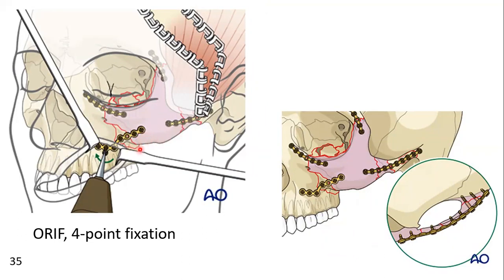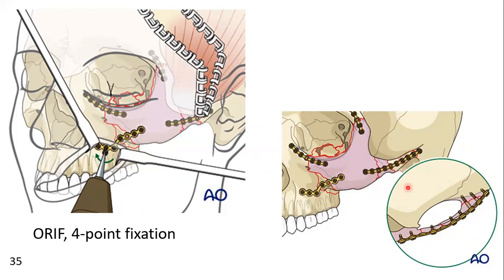As a general principle, if one reference point is comminuted, then begin with the reference point that is least comminuted. At the same time, it is important to have a wide exposure of all the reference points and to recheck the reduction of each reference point as each new plate is placed.